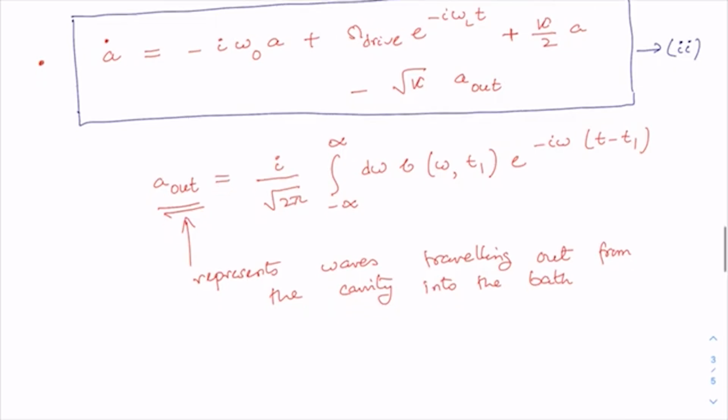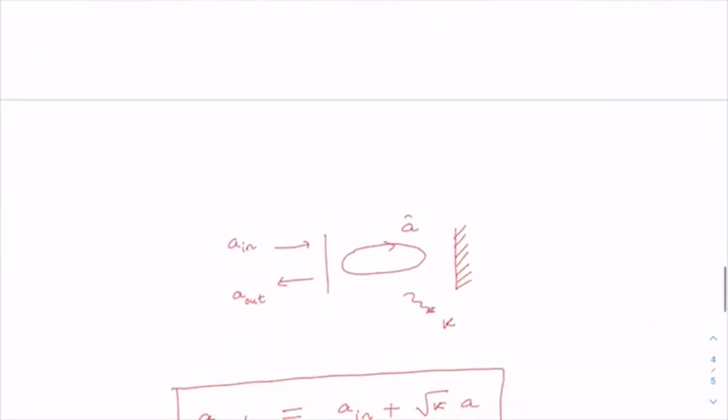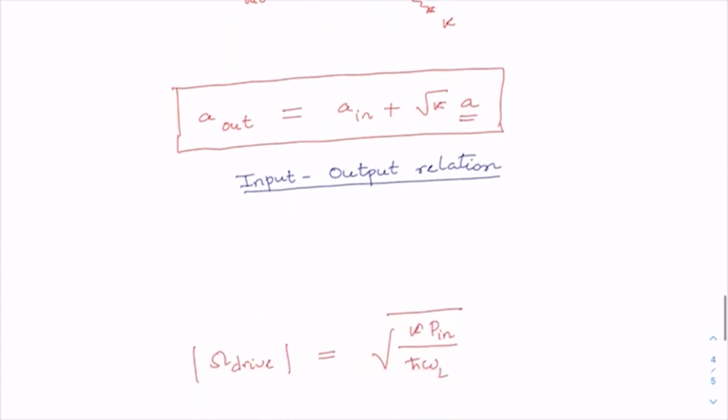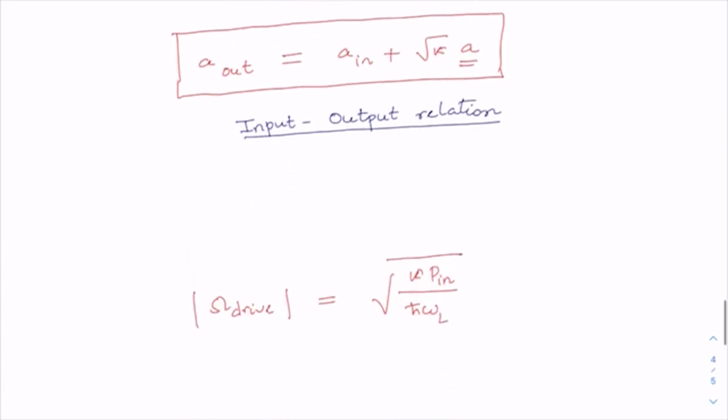Using these equations and formalism, finally we obtain a very important relation known as the input-output relation, where we can have the output field in terms of the input field and the cavity mode. We finally applied this input-output relation to work out the drive amplitude of the laser, and we got this particular expression.